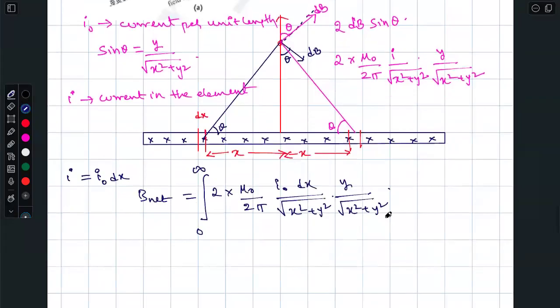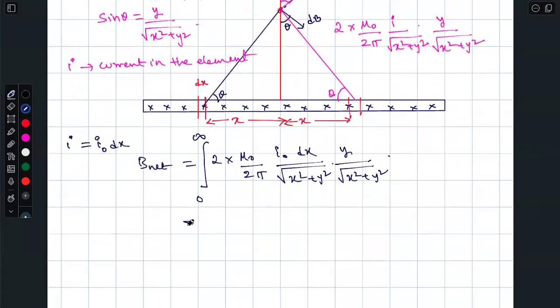Here y is a constant because the point is fixed. X is the variable. So finally, what you are going to get is mu naught by pi times I naught y integral dx by x square plus y square, 0 to infinite.